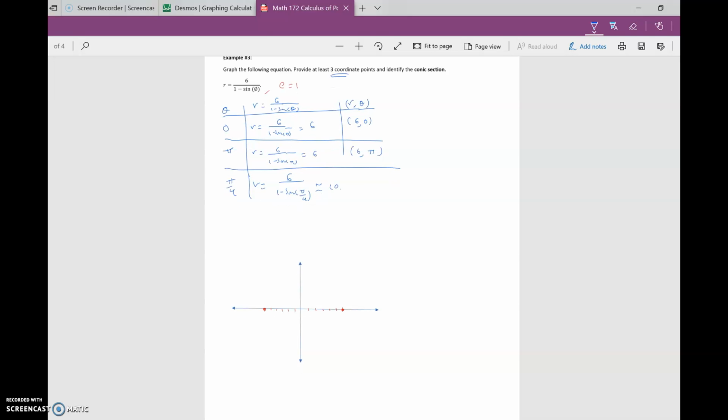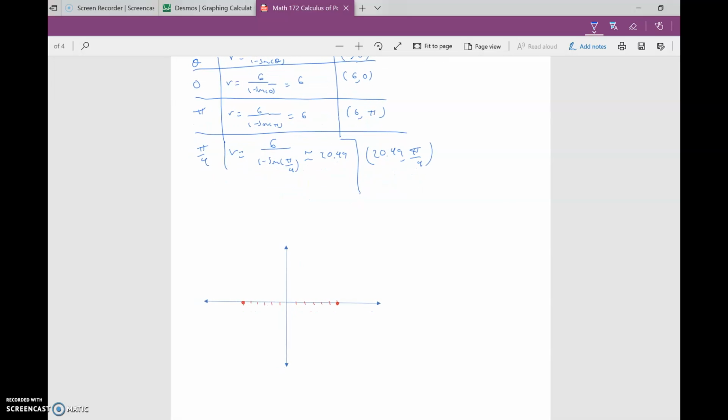So technically 20.49 angle of pi over 4. Not to scale. And this one's pretty quickly gonna actually be out here. So I'm just gonna put it up here.